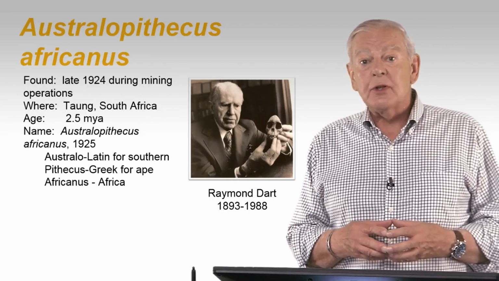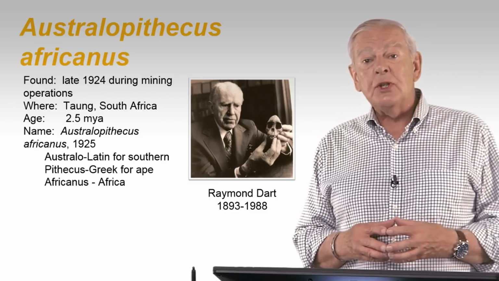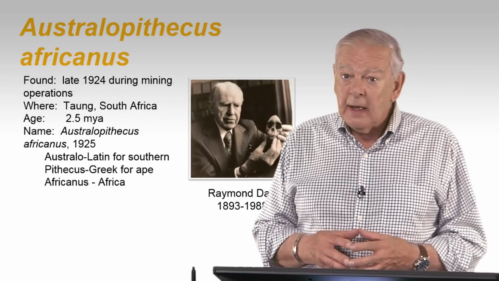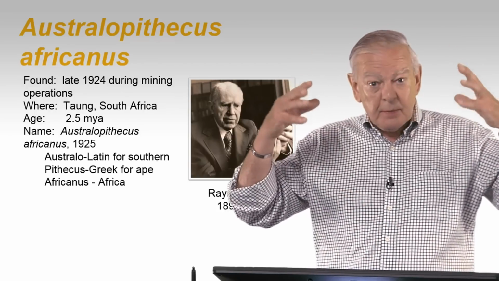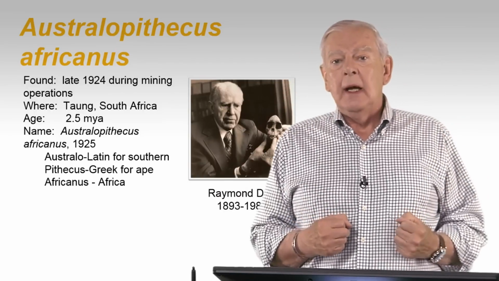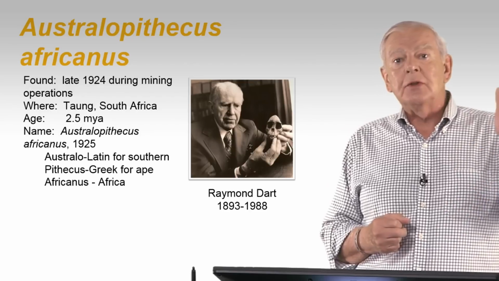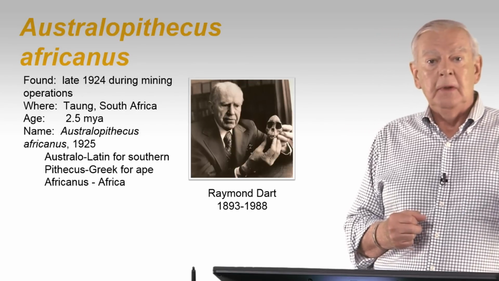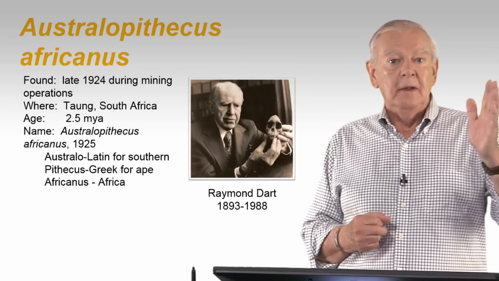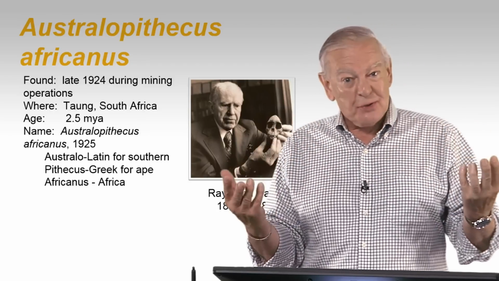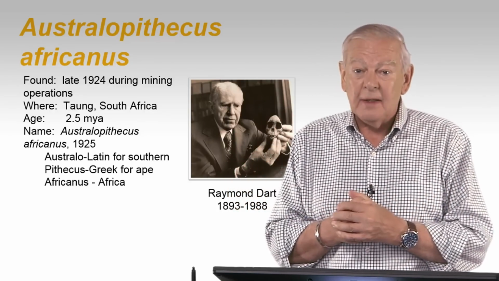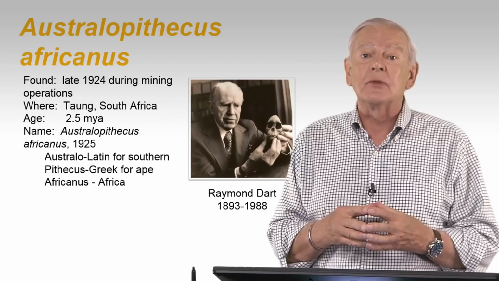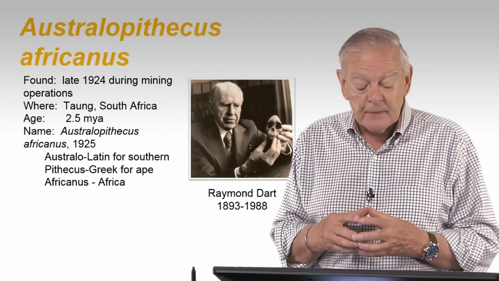Raymond Dart was an Australian who studied in Britain and studied anatomy, particularly aspects of brain anatomy, and was sent out to Johannesburg in the 1920s to develop a medical school. Can you imagine? At the University of Witwatersrand, and it is still one of the best medical schools in all of Africa.